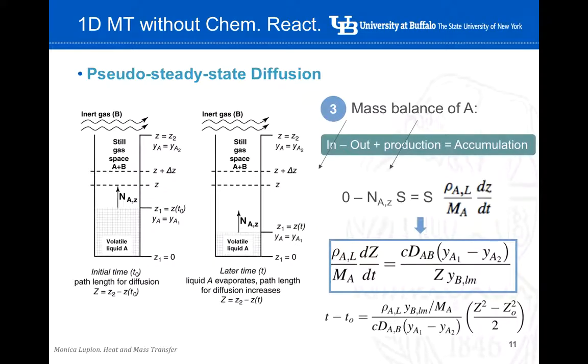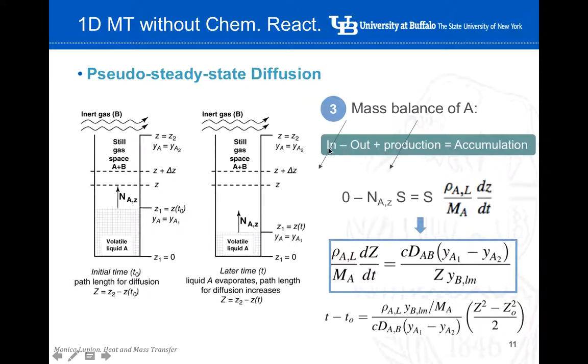In order to solve these equations, because one of the boundary conditions moves with time, we are going to apply the equation of mass balance of the element A, and that equation will apply to any situation that you might have. And it's always the same. Whatever comes into a control volume minus what comes out plus whatever is being produced within this control volume has to be equal to the accumulation.